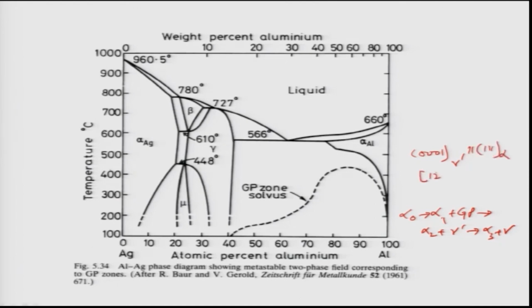Similarly, the 1-1-0 direction of gamma prime must be parallel with the 110 direction of alpha. That allows coherency between the precipitates and the matrix phase, and it is specifically observed. The only problem is that because of the silver, which is an expensive material, these alloys are not used so much.